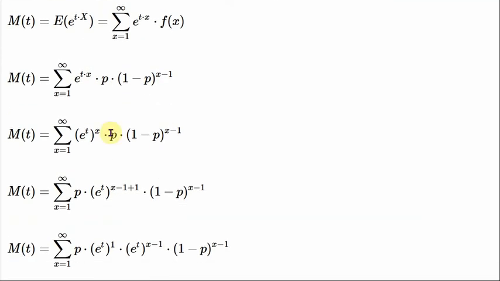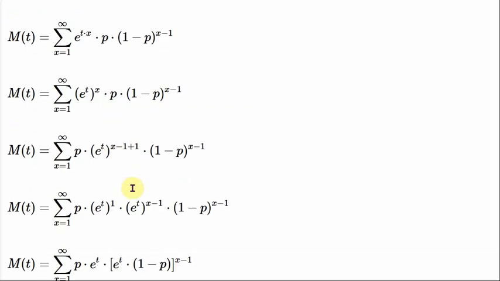And then e to the tx is the same as e to the t, and then the whole thing to the x. And then what I'm going to do here is from this x, I'm going to subtract 1 and plus 1. So we're adding 0 here. And then rewrite this as e to the t to the first times e to the t to the x minus 1.